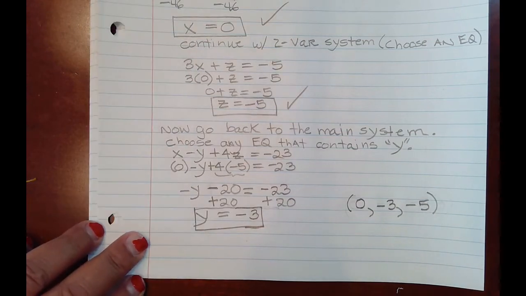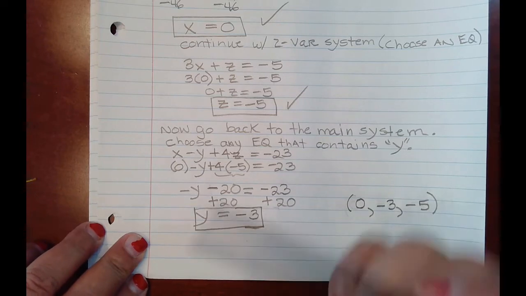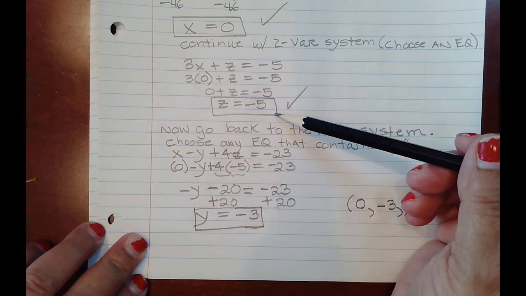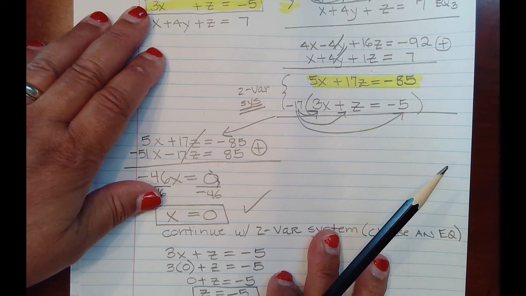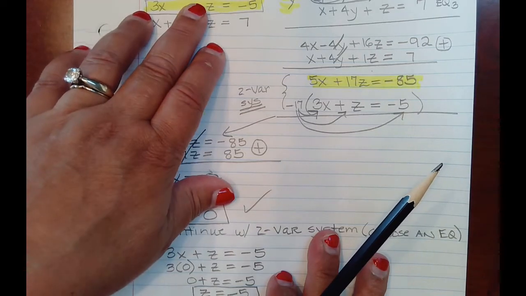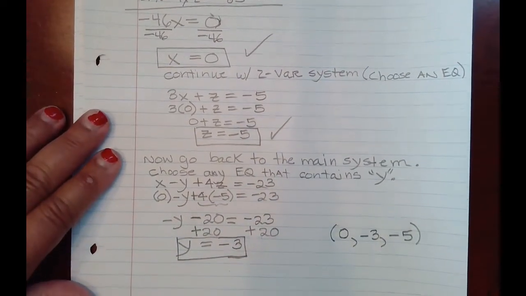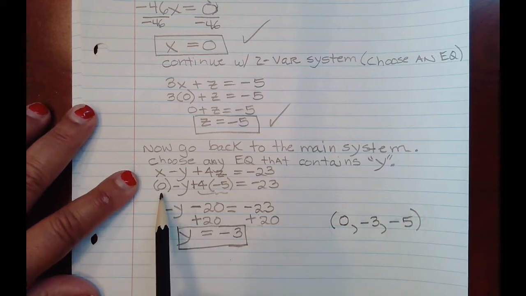This problem's giving me a hard time. So 0 and negative 5 is right. X is right. Z is right. And then I copied this equation from number 9. X minus y plus 4z is equal to negative 23. Check it one more time, but I think that I plugged into it correctly.